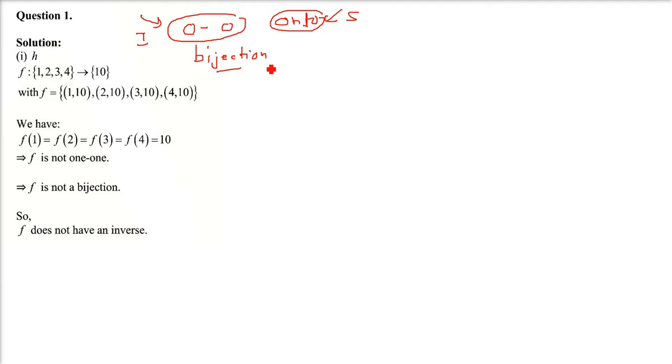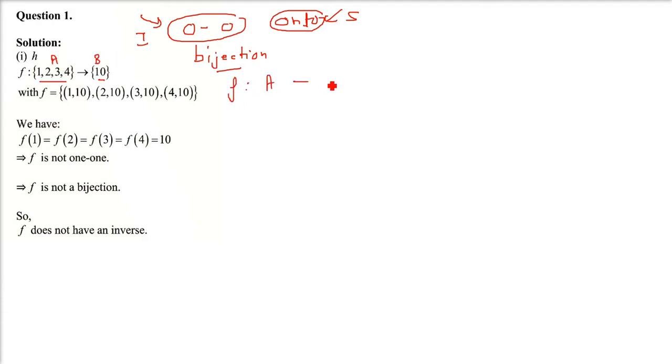The best way is, if you have time, to make a graph or make it pictorially and then show. So we have this function 1, 2, 3, 4 mapped to 10. What is the domain? 1, 2, 3, 4, and codomain is 10. So A to B you are talking about.